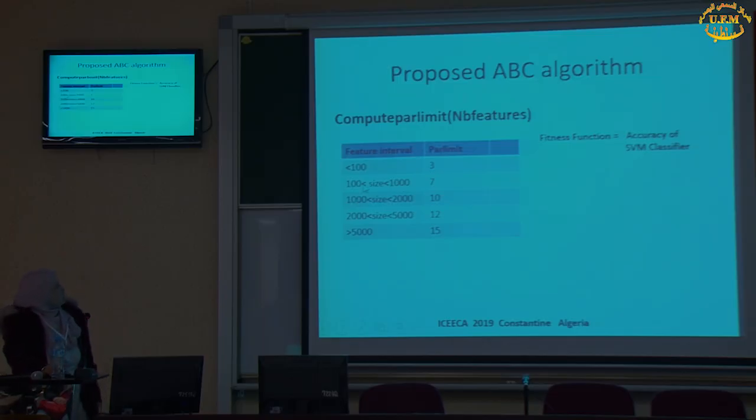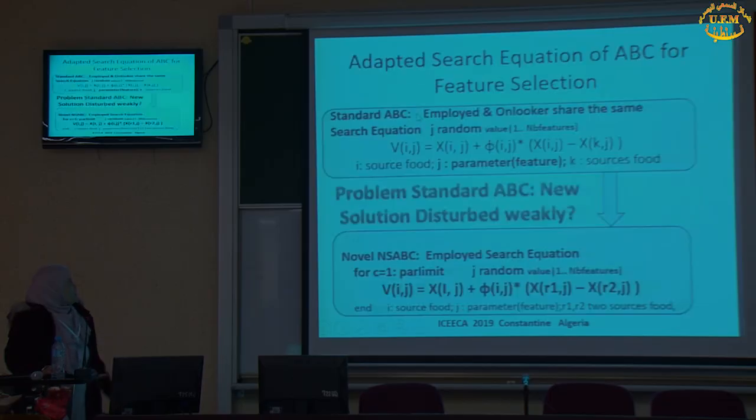For between 100 and 1000 features, the number of parameters to change is 7. This table is followed in the computed limit function.